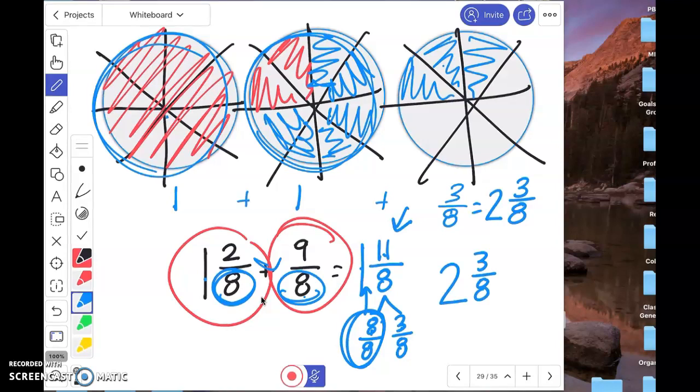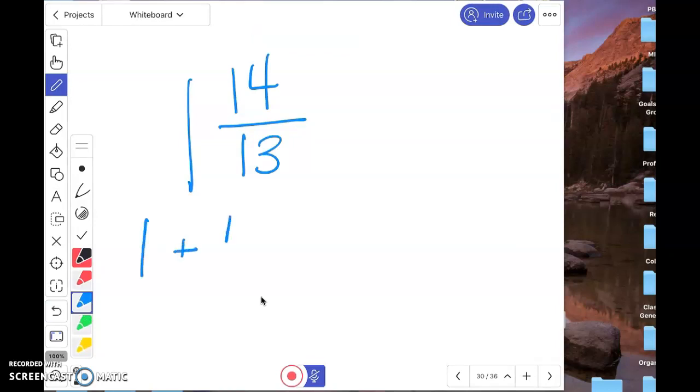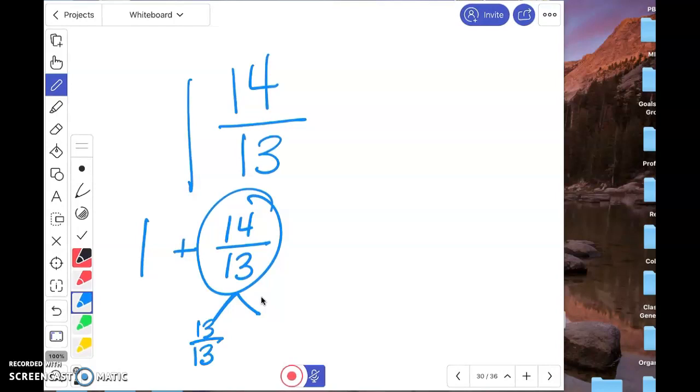That feels a little tricky. If I have, let's say, 1 and 14/13. If I break this up and take out a whole, we know a whole means the numerator and the denominator are the same.